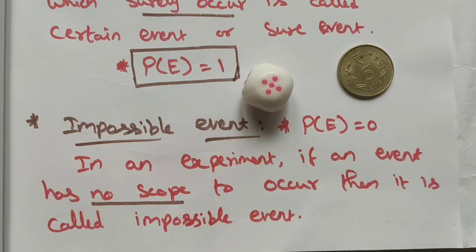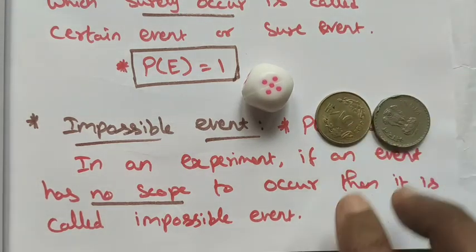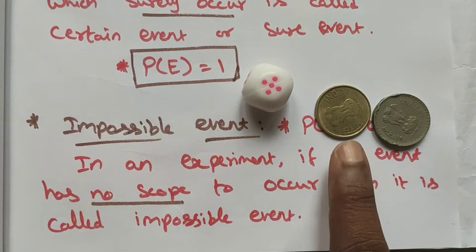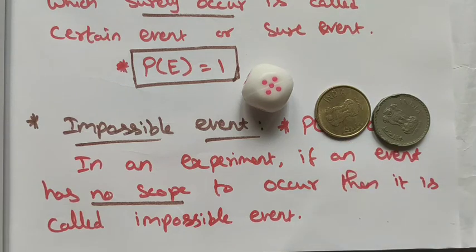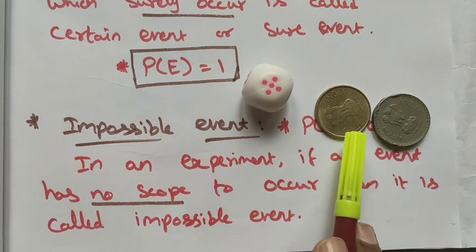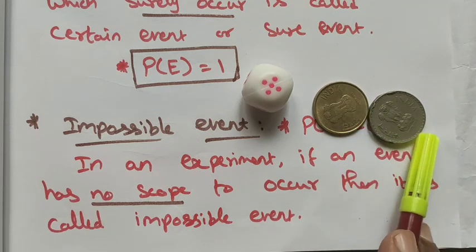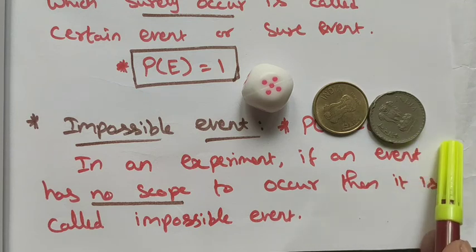When 2 coins are tossed, when 2 coins are flipped, suppose we need 3 heads. How is it possible? We have only 2 coins. We are flipping the 2 coins simultaneously, and needing 3 heads at the same time is an impossible event.